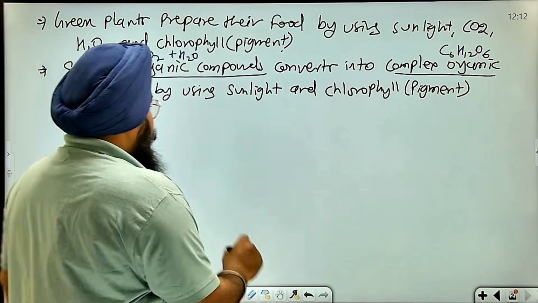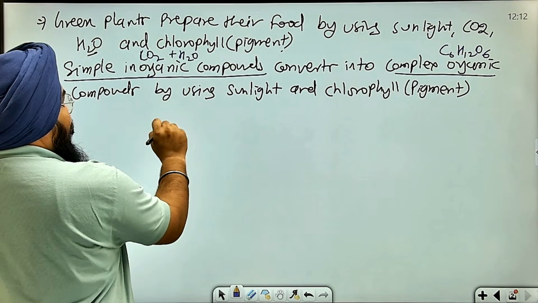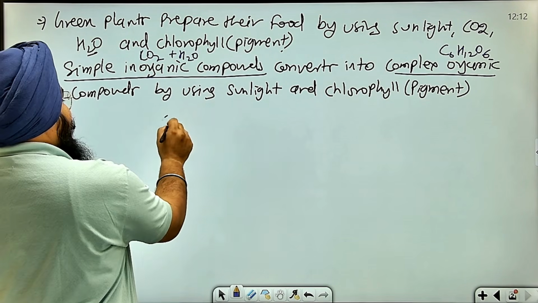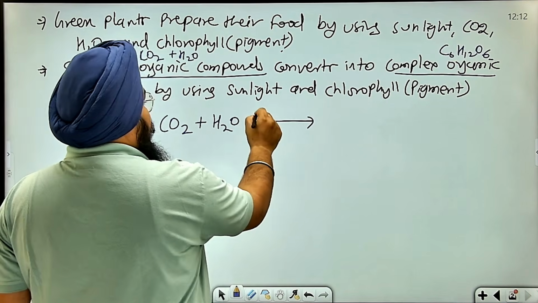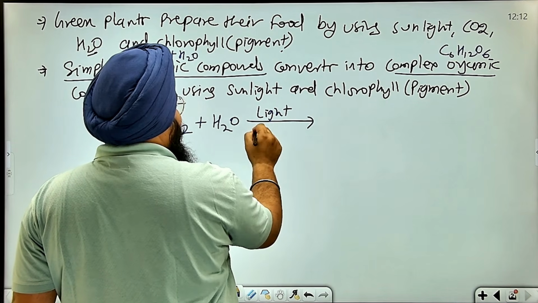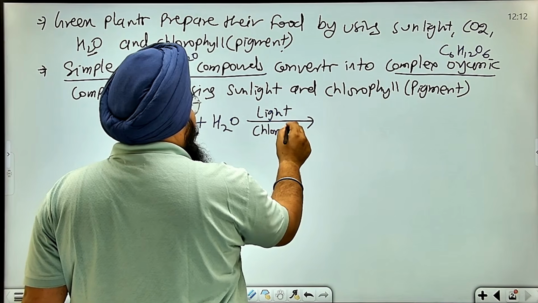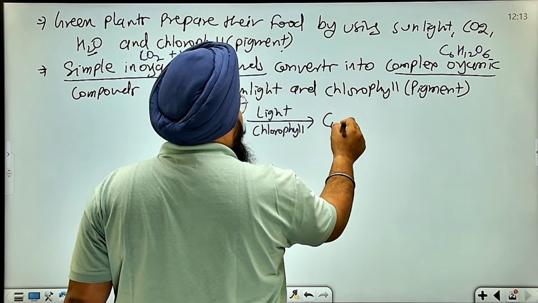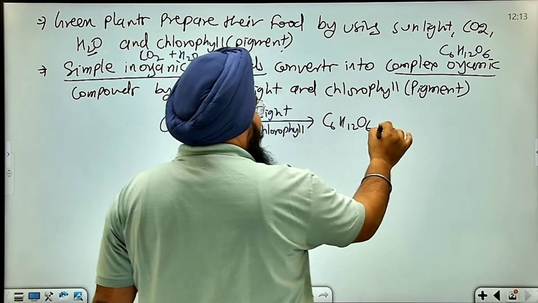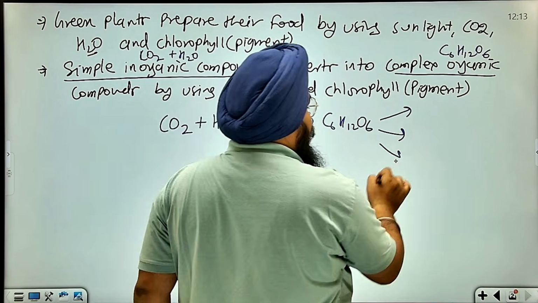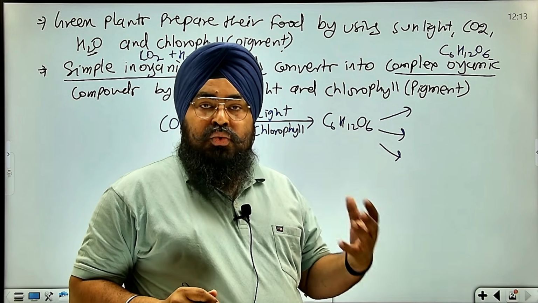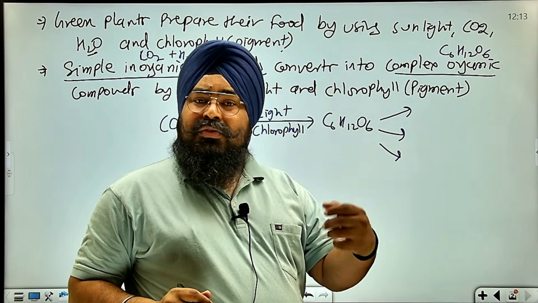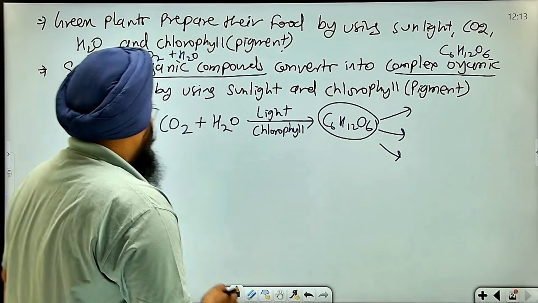So photosynthesis as a chemical reaction: CO2 and water react in the presence of light and chlorophyll pigment to produce glucose, and then this glucose converts into other organic compounds like starch, sucrose, fructose, or any other compound.